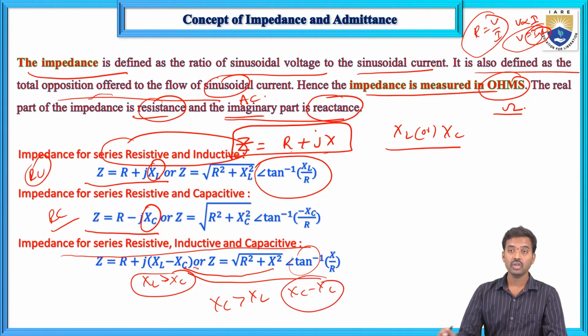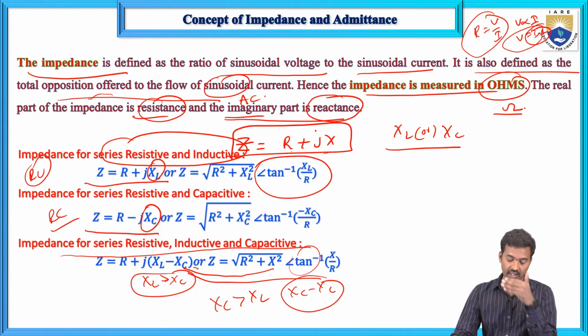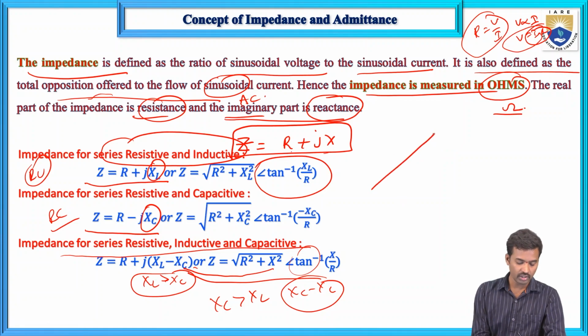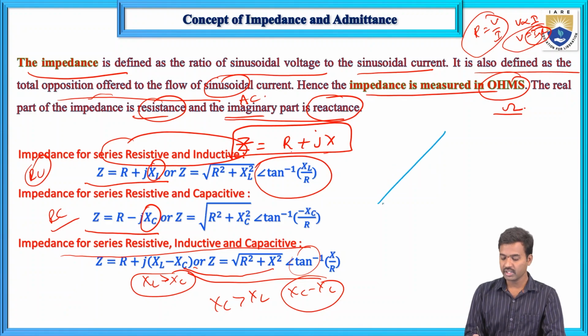Now, what about the impedance triangle? How will you draw it? Let me change the color. This is the impedance triangle. This is Z, this is R, this is XL, and this is theta, the power factor angle phi or theta.